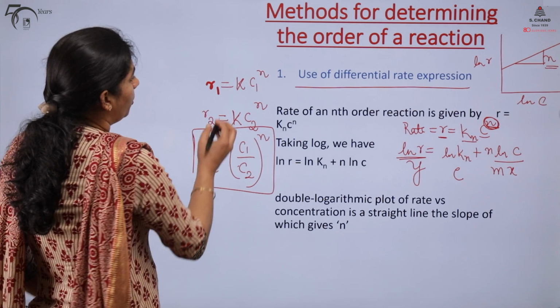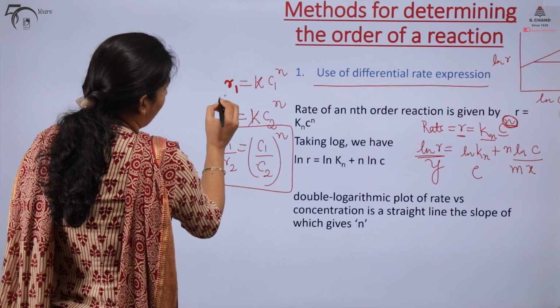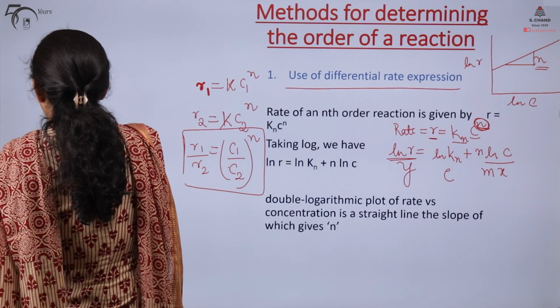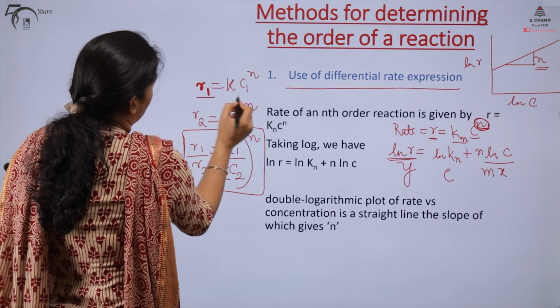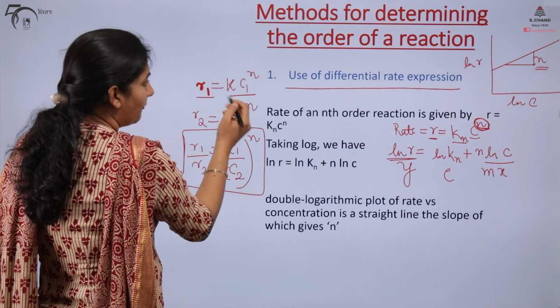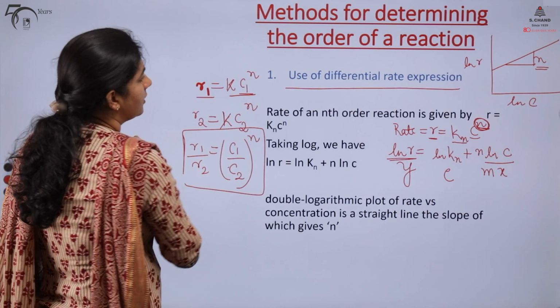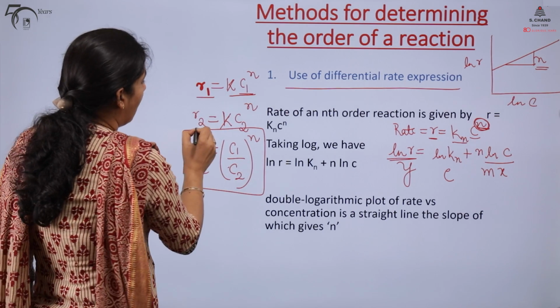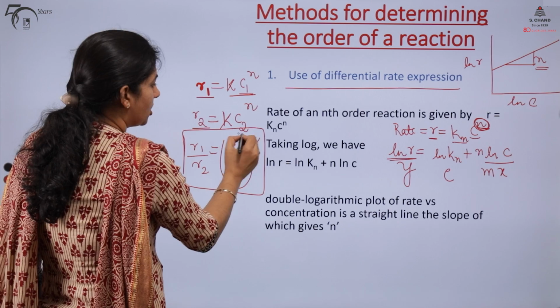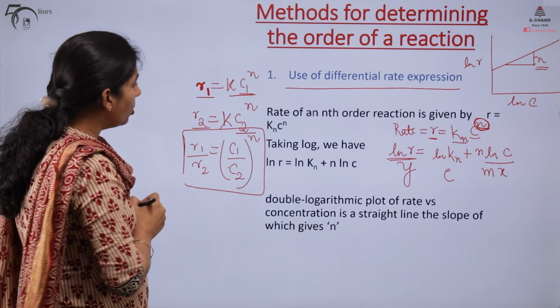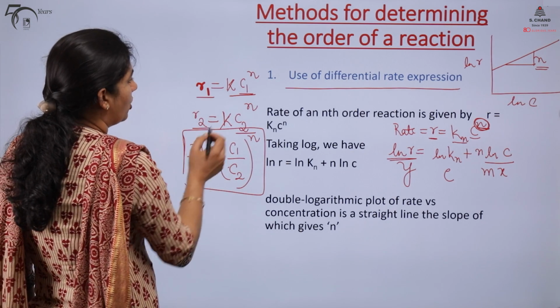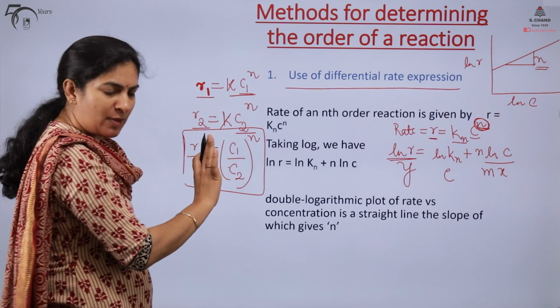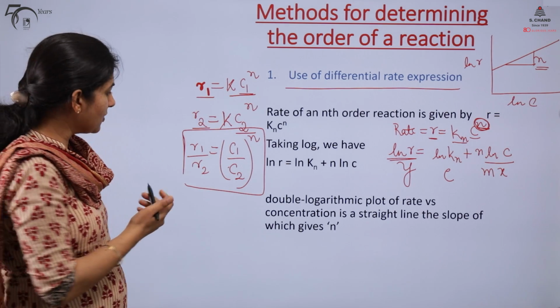We can find out the rate of a reaction at a fixed temperature for a fixed concentration, which is C1, and for another concentration, which is C2, we can then take the ratios. The rate constant for a specific reaction will always remain the same.